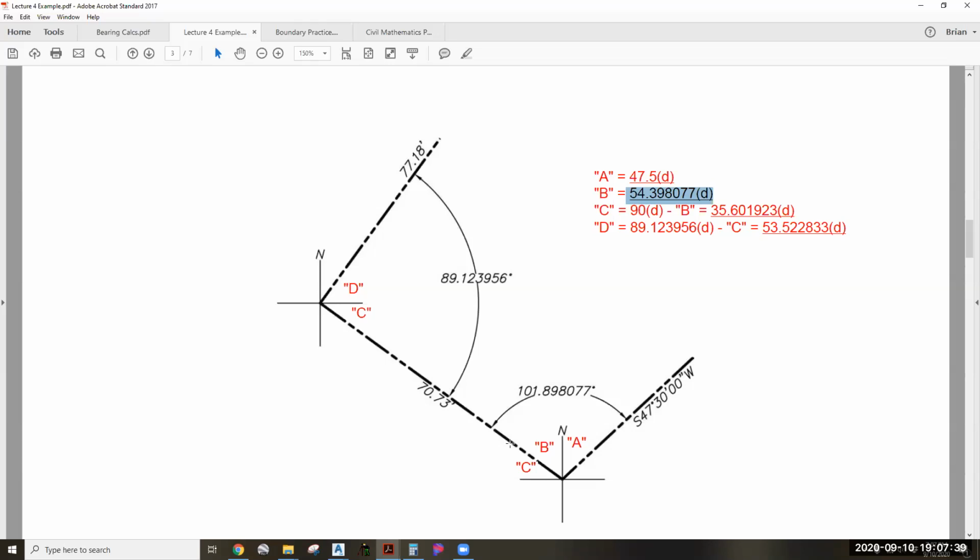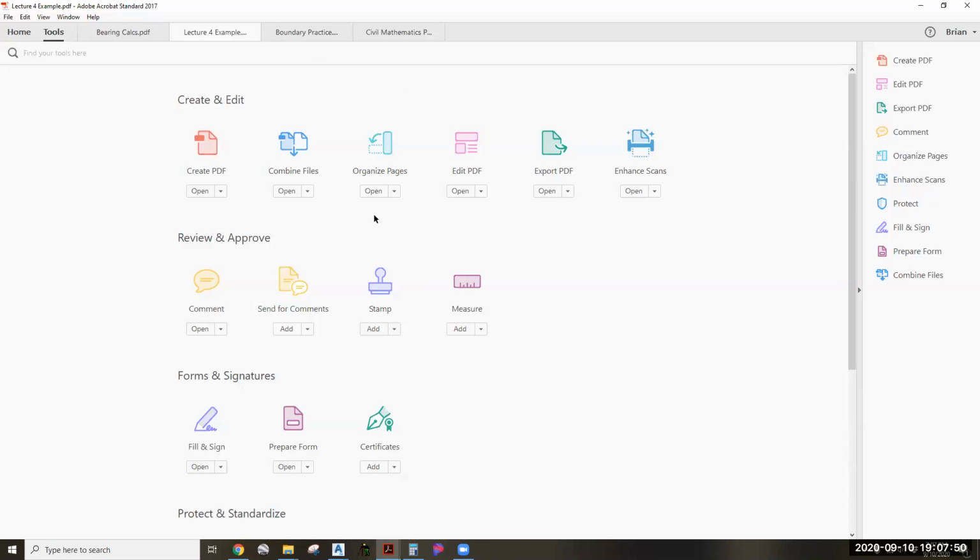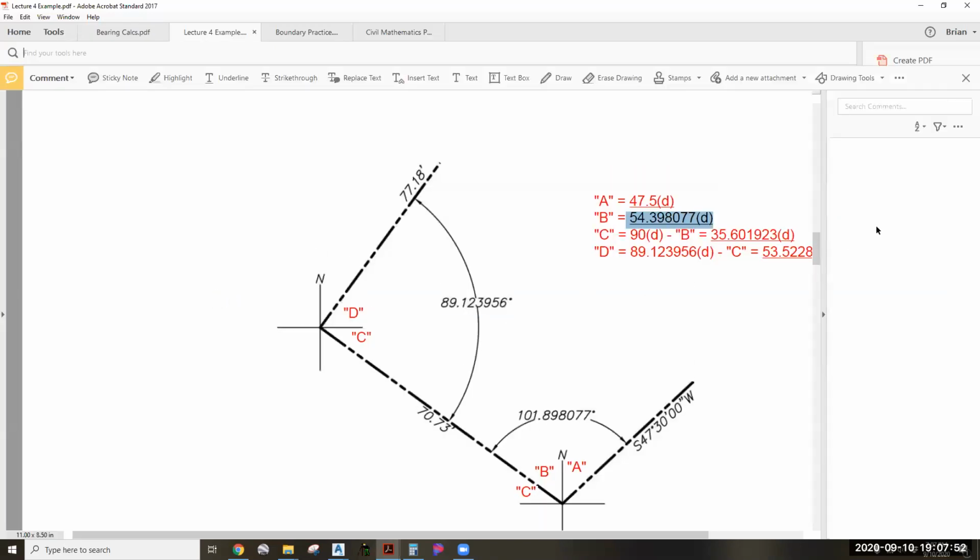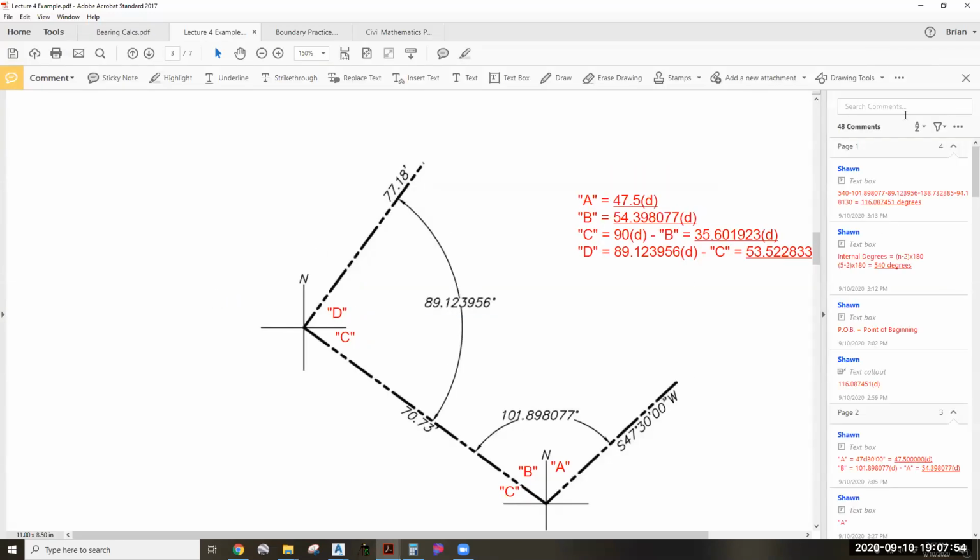I need to calculate C because these are opposite angles. Let me try to draw something on here.